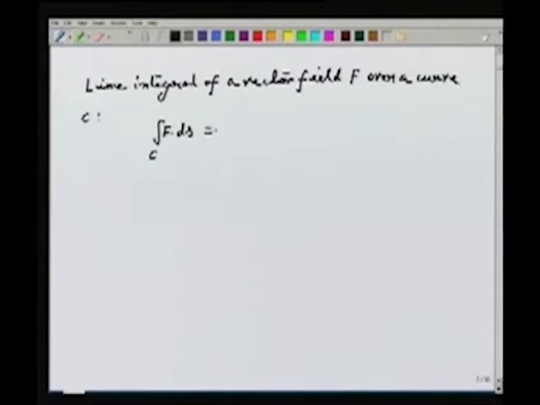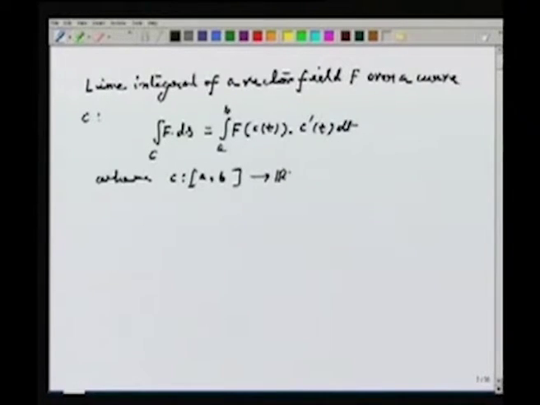The meaning is this following integral, integral a to b of f(C(t)) dot C prime(t) dt, where C from [a,b] to R3 is a curve. Of course, it is a curve with the assumption which I have assumed that C prime is a continuous function.